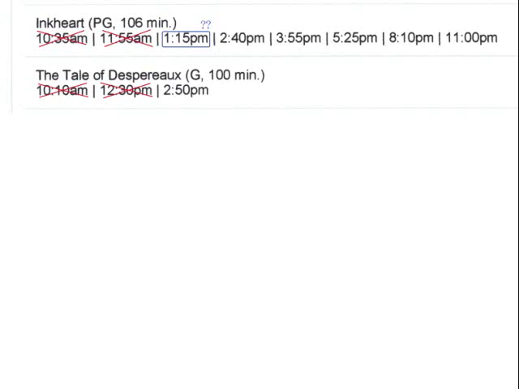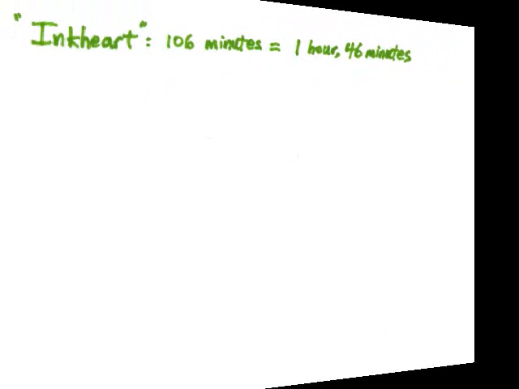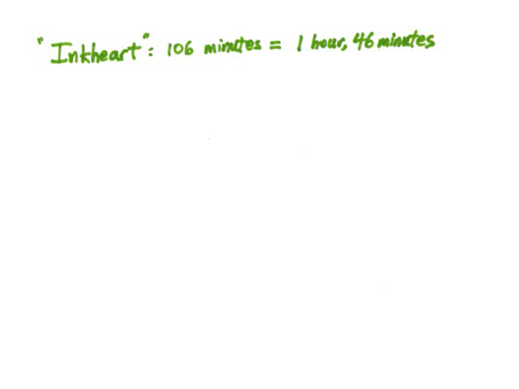What I actually want to know is whether or not I'll be able to go to the 1:15 show of Inkheart, and then after that one's done, catch the last show of The Tale of Despereaux, which starts at 2:50. Now, Inkheart is 106 minutes long, according to the Moviefone listing, which means it takes 1 hour and 46 minutes.